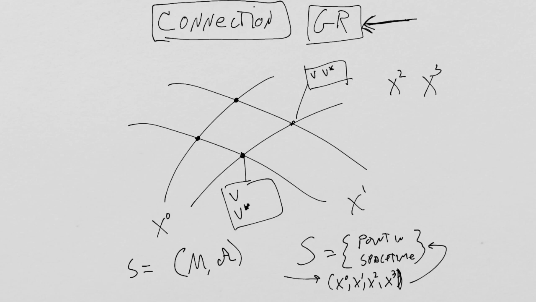The atlas is what gives it the coordinates, and the atlas A, of course, is itself a set. It's a set of charts, let's say U alpha, gamma alpha. And it's the set of all those charts which map every point into R4 in our case. That's what these little maps do.